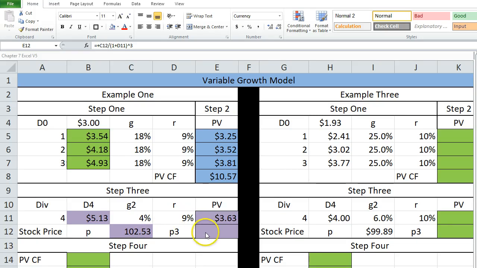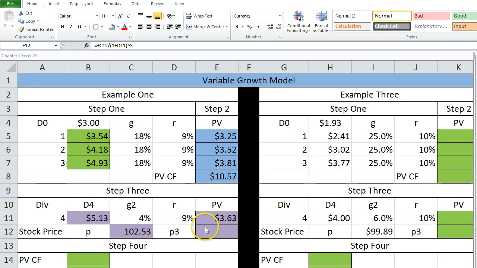And this will basically discount, or find the present value of, our stock price, discounting it for the required rate of return. So again, we're going to take the stock price P that we just calculated, and divide by 1 plus R, which is the required rate of return, to the exponent of 3.